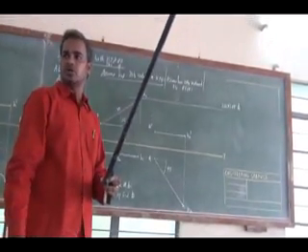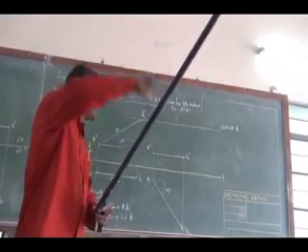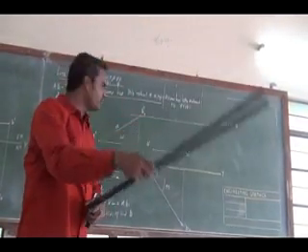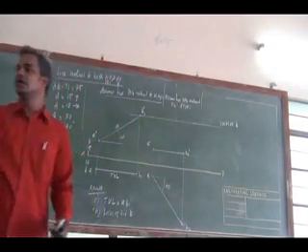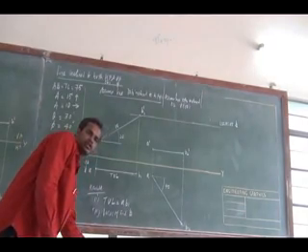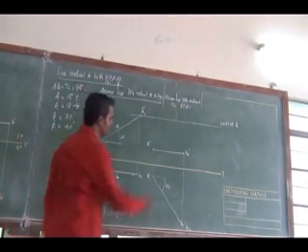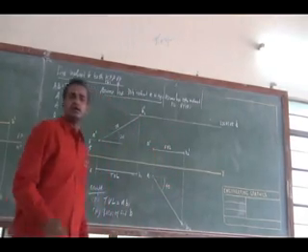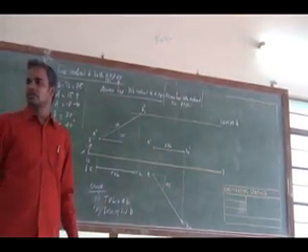I am going to tilt this to be inclined to HP also. So what will happen? Whatever front view length you are going to have, that front view length will be the same for the final projection. Here, this is the front view length, it will be the same for my final projection.